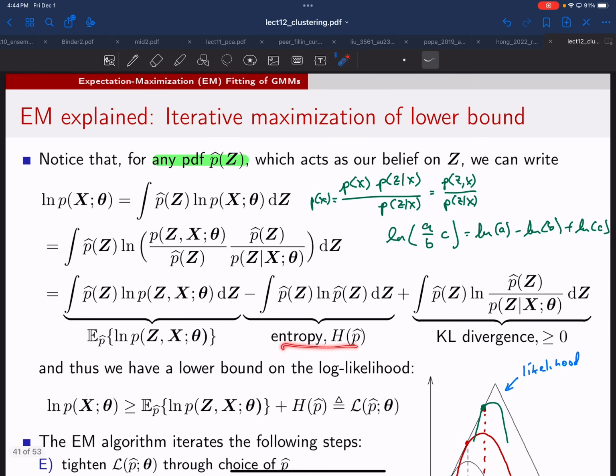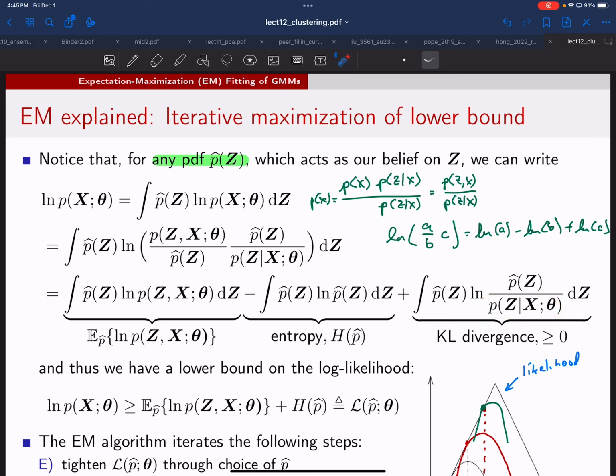It's sort of a measure of how much uncertainty there is in the random variable defined by p hat. And the third term is, again, a term that is studied quite a bit in information theory, called the Kullback-Leibler divergence. It's a way to measure the discrepancy between 2 different PDFs. In this case, the PDFs are p hat z and this one.